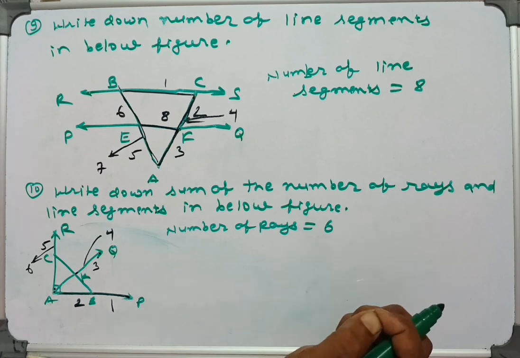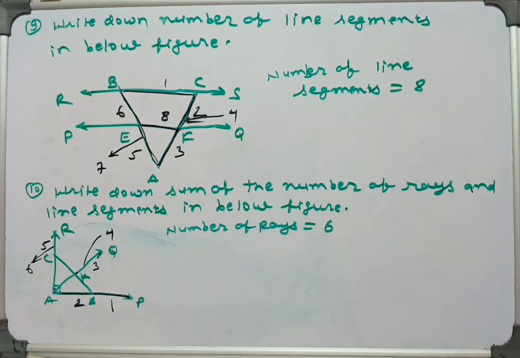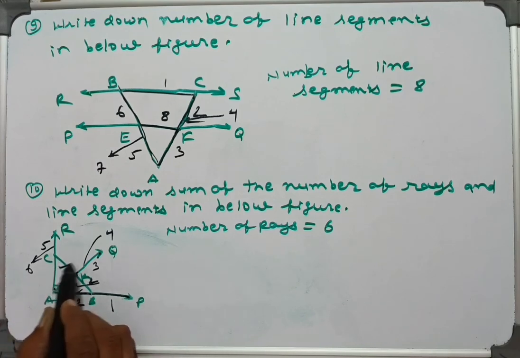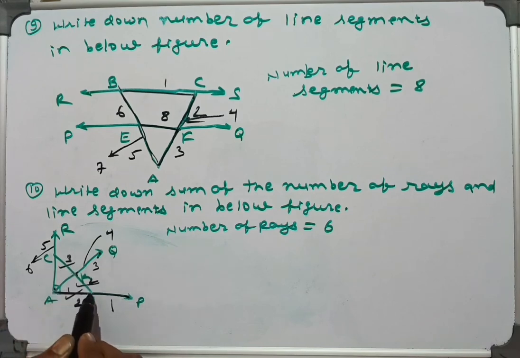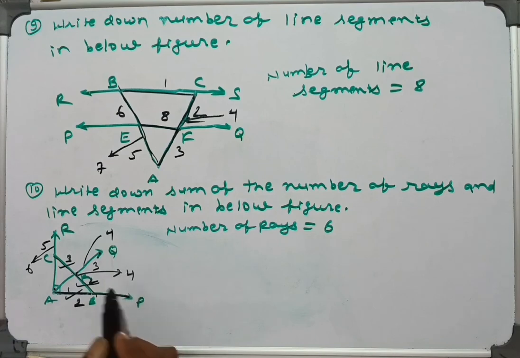Now how many line segments are in this figure? See, this one AB has a fixed length, so this one is 1, KB has a fixed length, so this is 2, then KC is the third one, and BC is the fourth one.